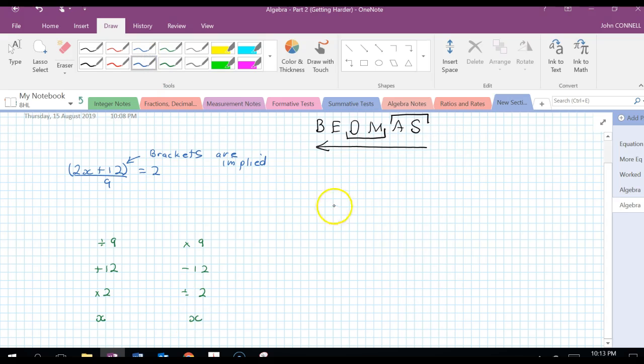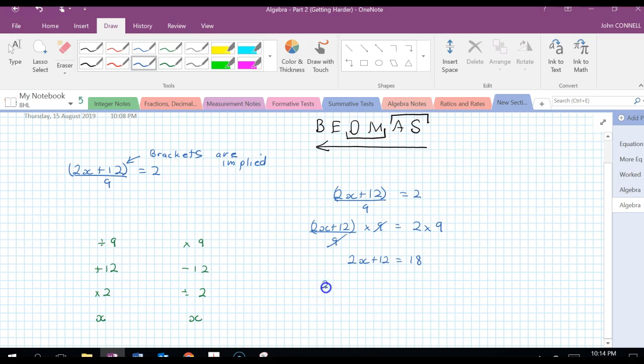So if I have (2x + 12) on 9 equals 2, I'm going to put my brackets in, even though I don't need them, they're implied, so it's going to be useful. First thing we do is we multiply by 9. So it's (2x + 12) over 9 times 9 equals 2 times 9. I keep everything the same. So those 9s cancel, so I get 2x + 12 equals 18.